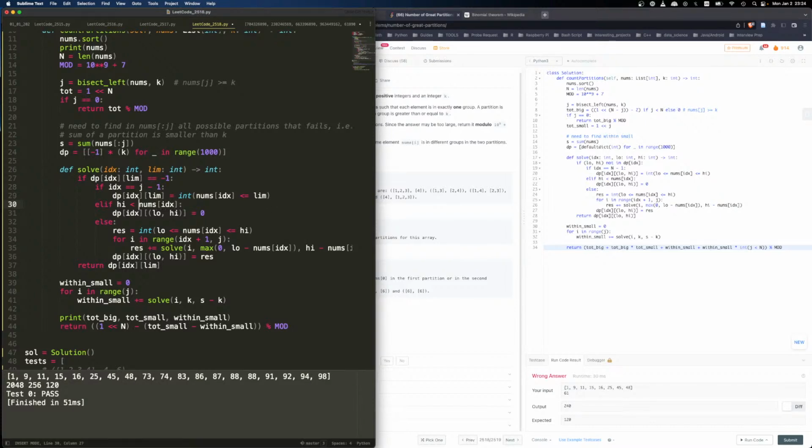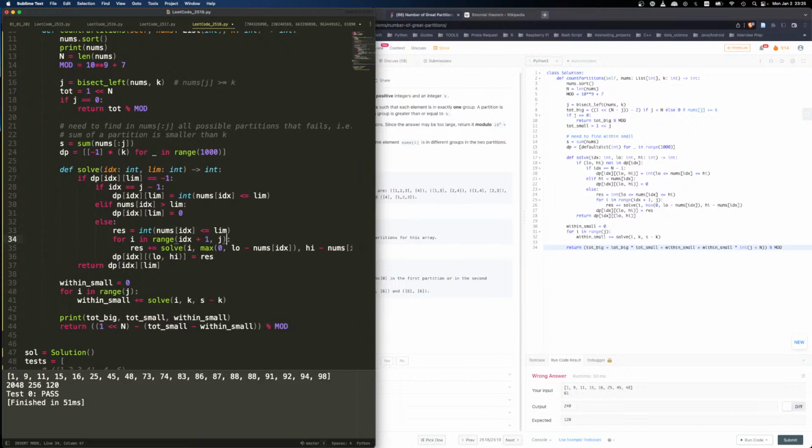If this is already larger than limit, then this is going to be 0. Else rest is going to equal itself.